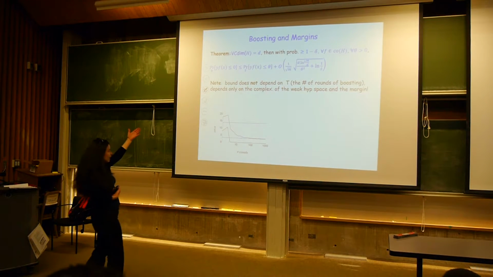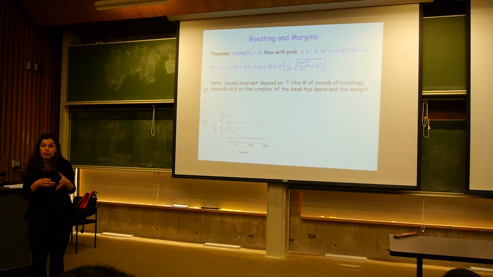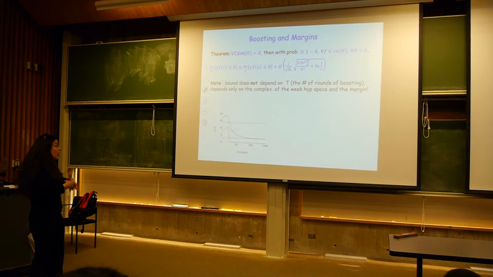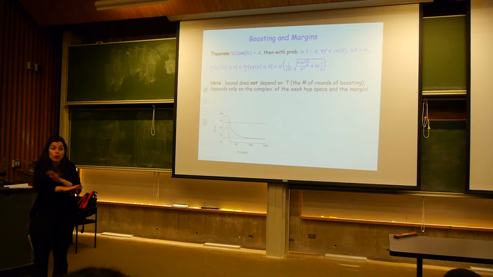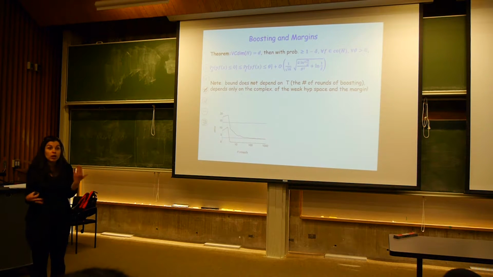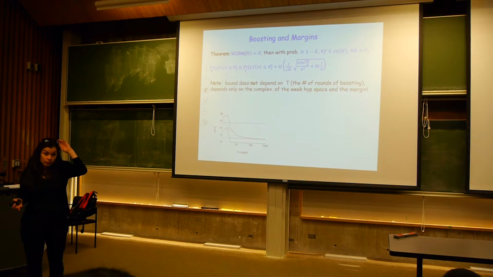They were able to show a generalization guarantee that somehow does not depend on the number of rounds of boosting and depends entirely just on the margin and on the complexity of the class of weak learners.